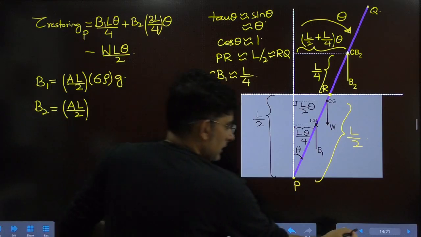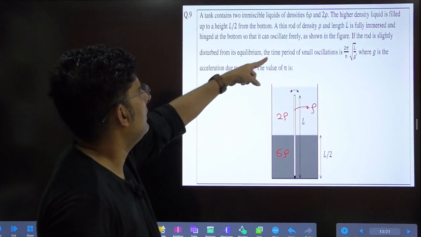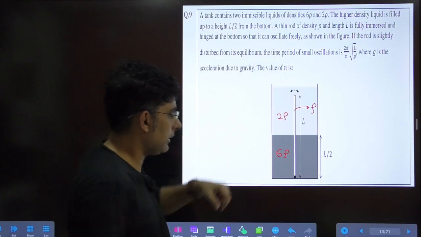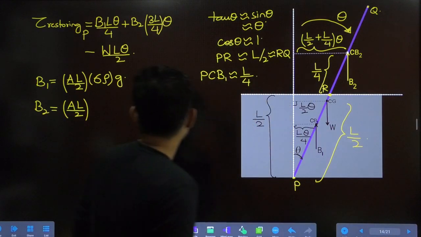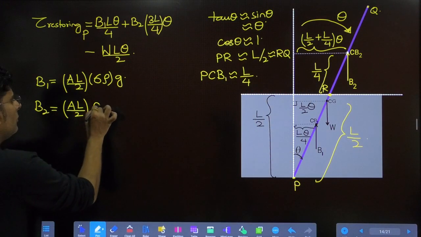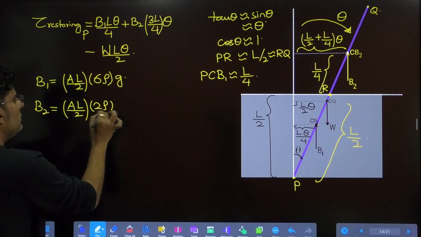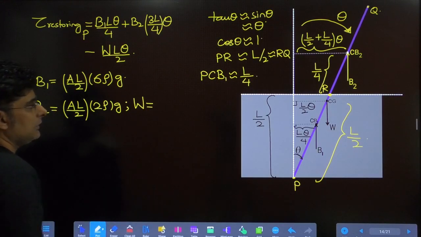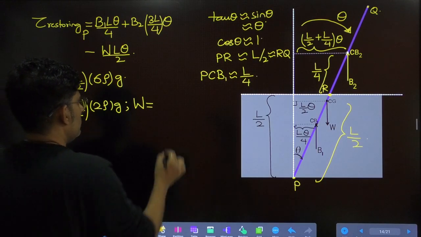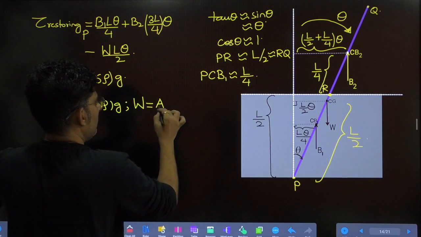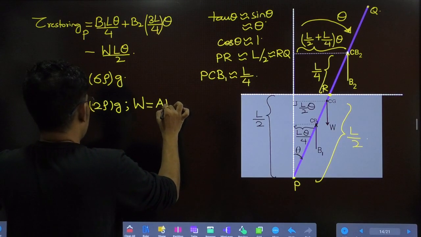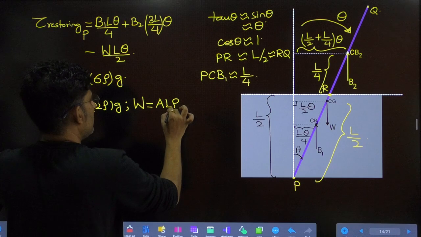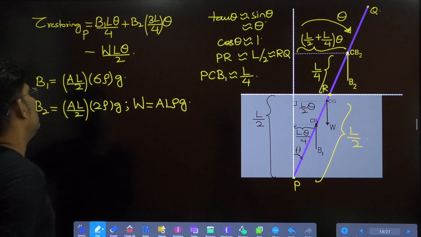But if you see in the question, the upper liquid has density 2 rho, so 2 rho into G. And weight is total volume, A into length of the rod L, density of the rod rho into G.